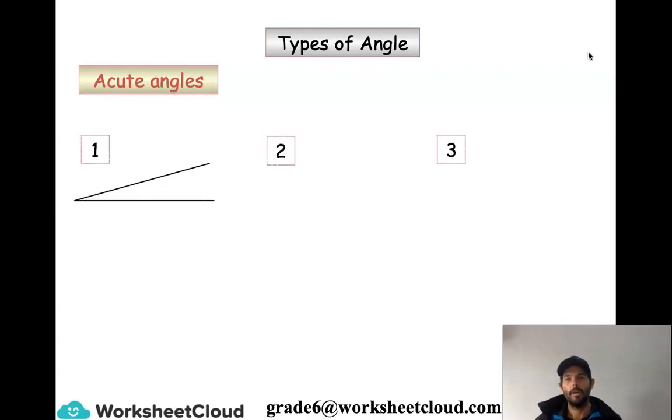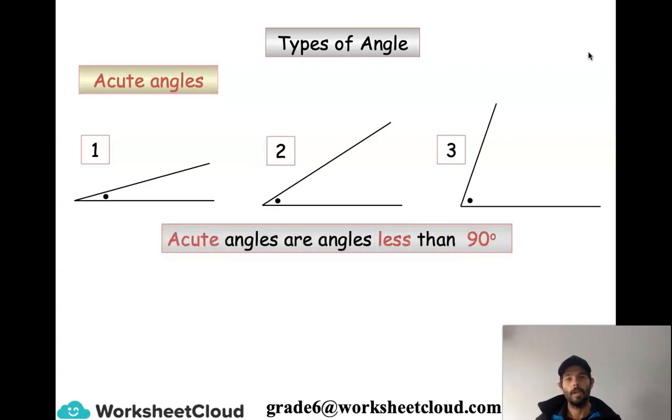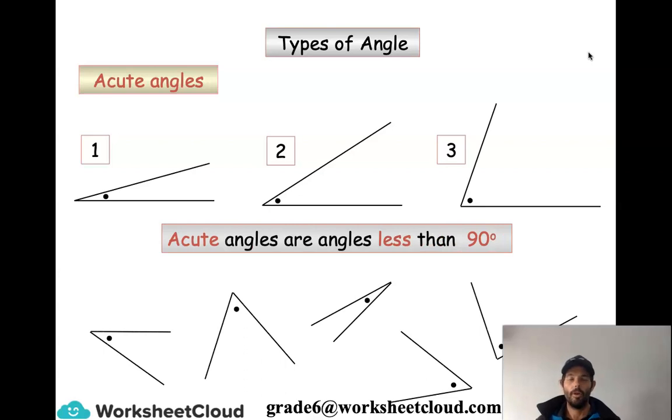I always tell my classes that if something is acute, it's very small. So that's one way for you to remember acute angles being smaller than 90. Acute angles are less than 90 degrees.